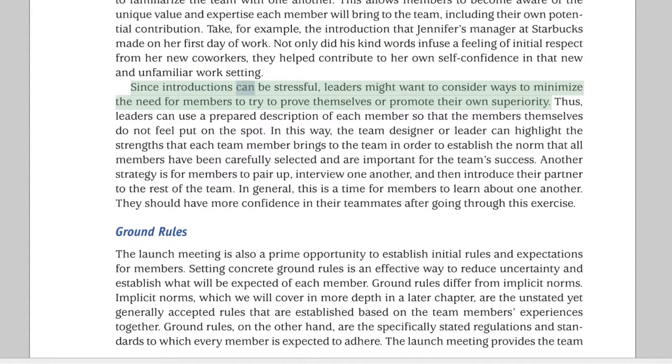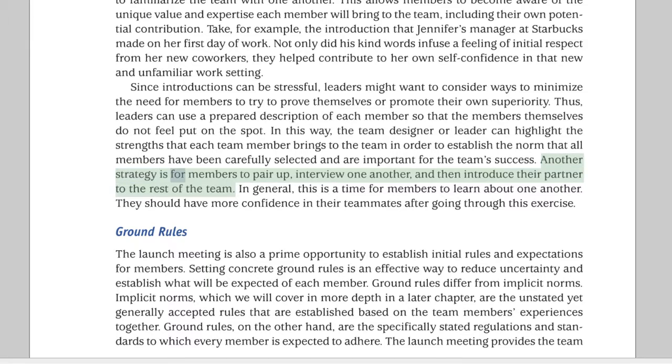Since introductions can be stressful, leaders might want to consider ways to minimize the need for members to try to prove themselves or promote their own superiority. Thus, leaders can use a prepared description of each member so that the members themselves do not feel put on the spot. In this way, the team designer or leader can highlight the strengths that each team member brings to the team in order to establish the norm that all members have been carefully selected and are important for the team's success.